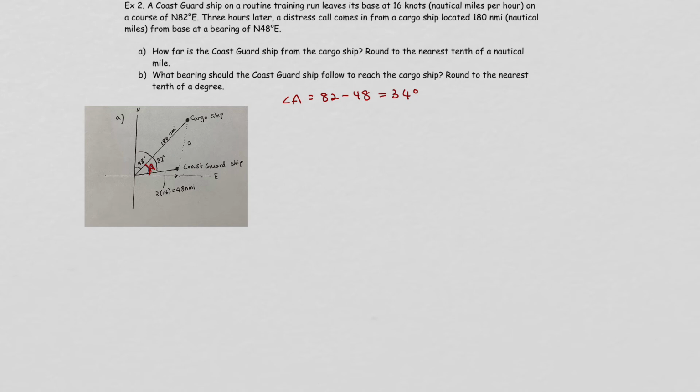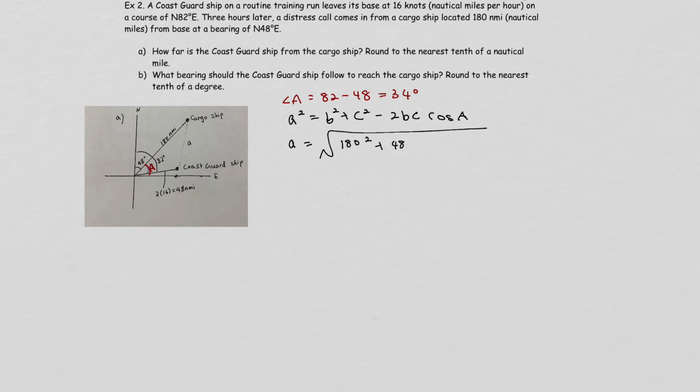And then we want to find the length, right? Length A. So what we need to do is place it into the formula. A squared equals B squared plus C squared minus 2BC cosine A. And we're trying to look for A. So put it all into the square root. B is 180. C is 48.